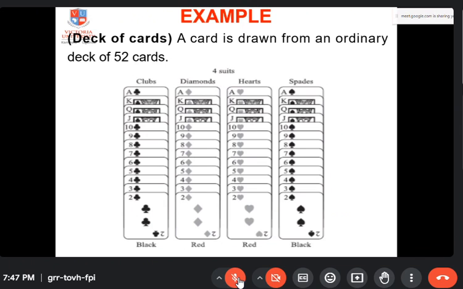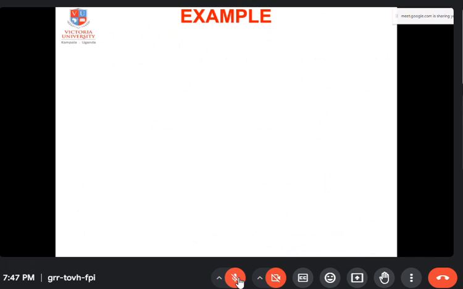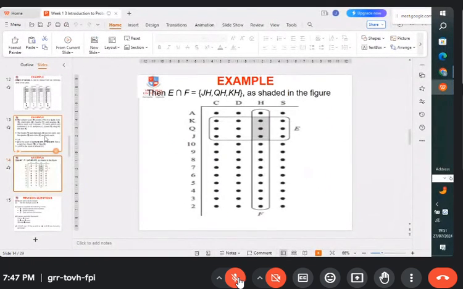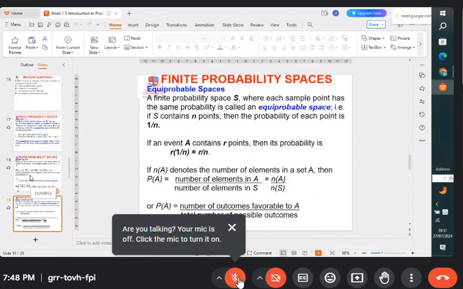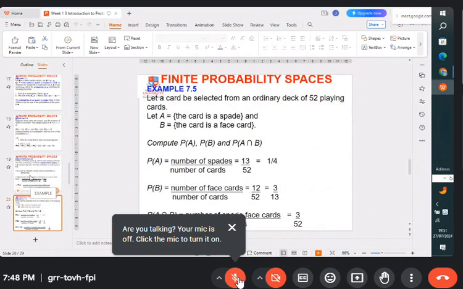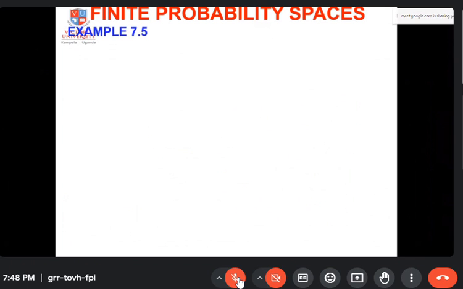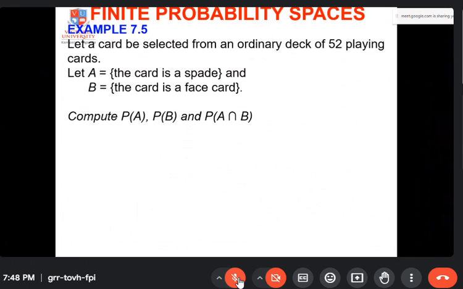Then the intersection. Remember, we have 13 of them. Because the question is that let us find out the probability of A intersection B. Probability of A, we saw that there are 13 cards. They are all spades.